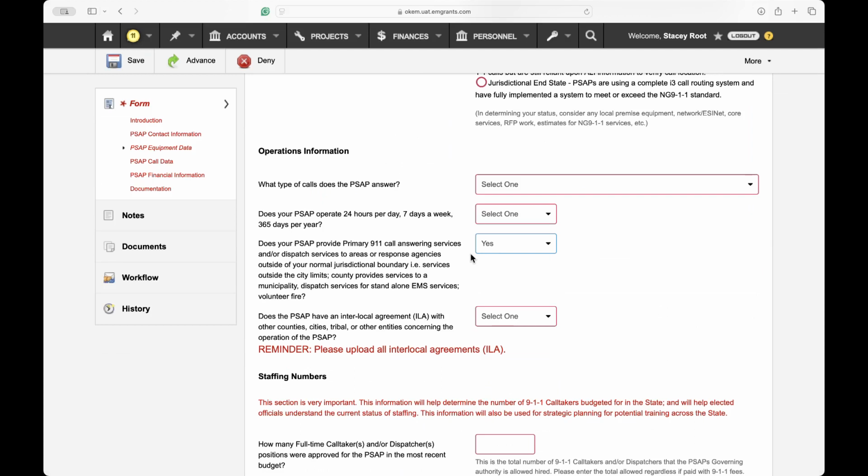So you're saying there has to be a written one. This is more, instead of mutual aid, this is more for primary service. Does your PSAP provide primary 911 call answering service and/or dispatch services to those areas? So we're talking about primary dispatch services outside of your normal governing body's jurisdictional boundary.